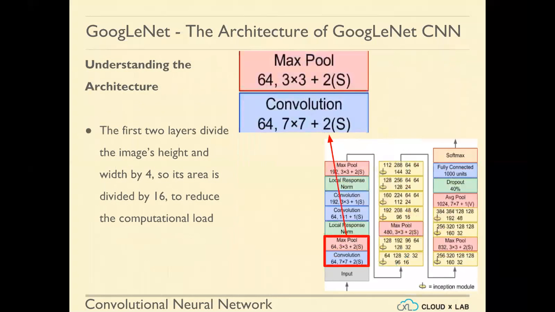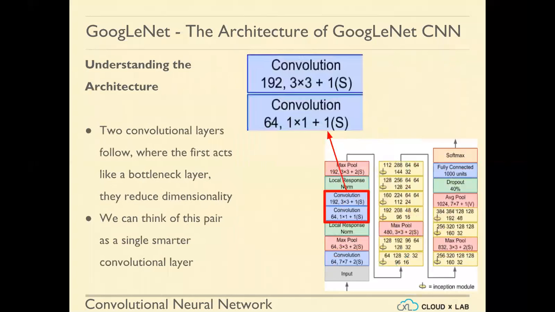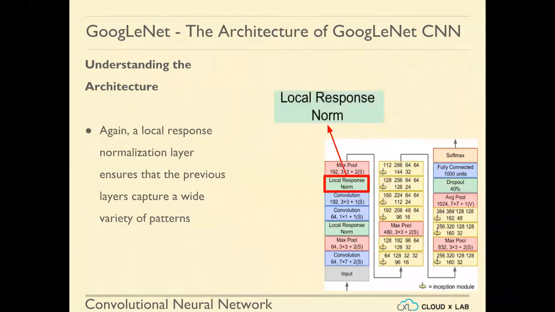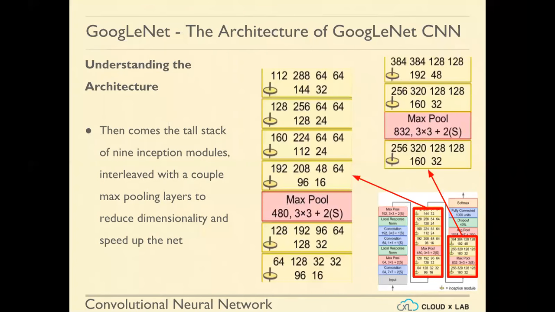So first we have convolution and max pool, that's clear. Then local response normalization, and then again a pair of convolution, then local response normalization, and then max pool, followed by the inception.